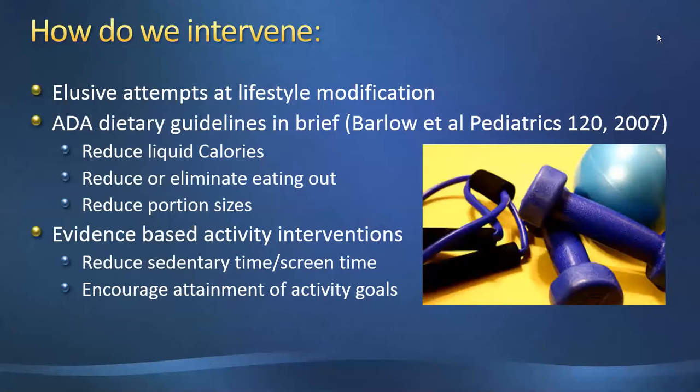Some kids, it's an immediate change when we've eliminated the sugary beverages they're drinking in excess. Trying to not eat out as frequently. Very common that most people are eating out 3 to 4 times a week, if not more. Trying to reduce those portion sizes.